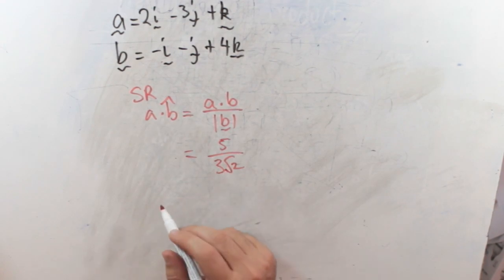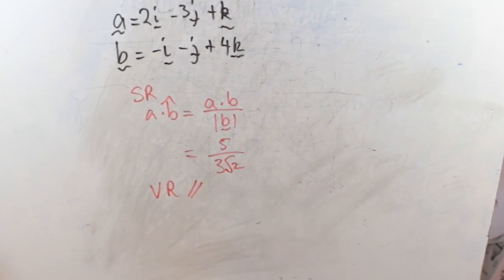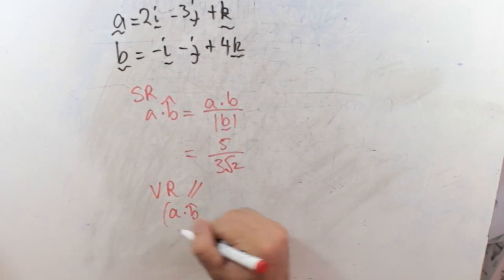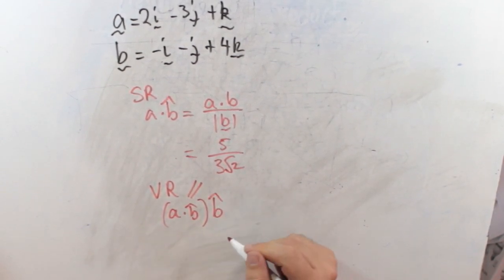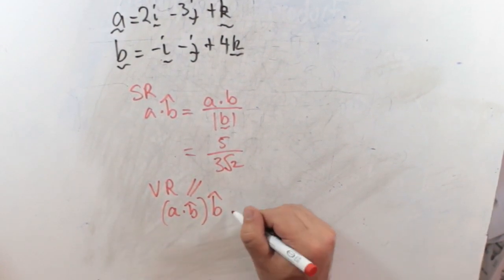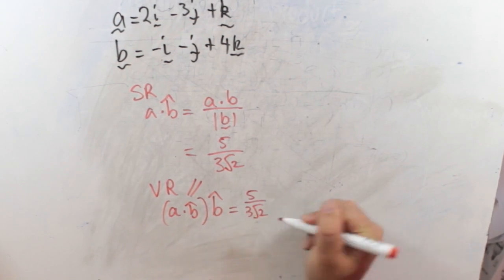Okay, so now let's do the vector resolute parallel. I'll use my little parallel lines there. So that's A dot B hat, which we've already worked out, multiplied by B hat. So we've got 5 on 3 root 2. Let's multiply it by B hat.